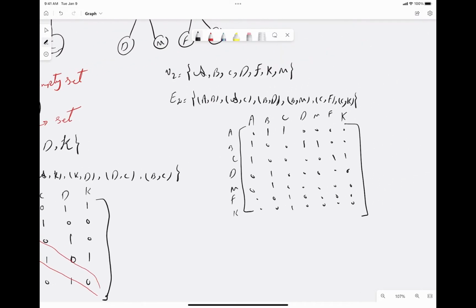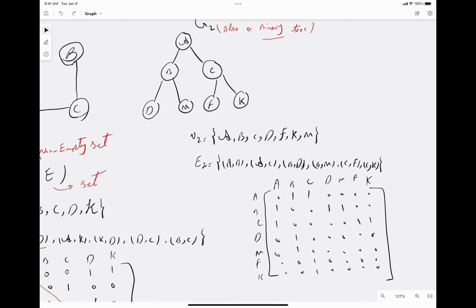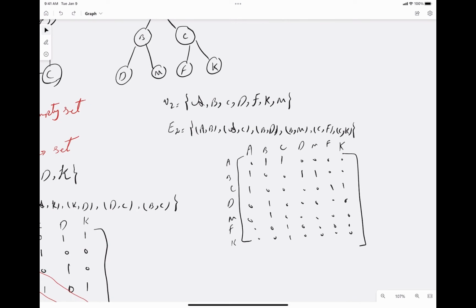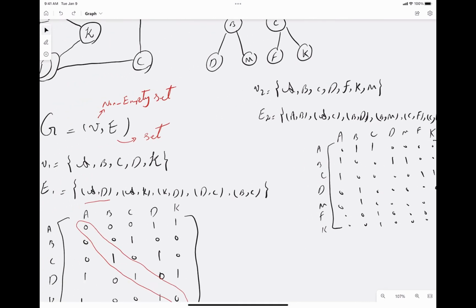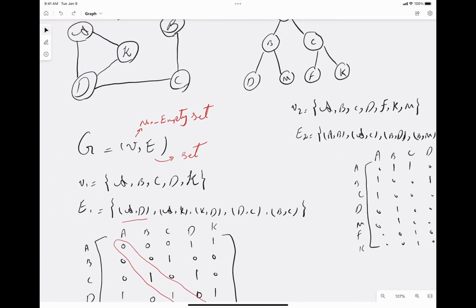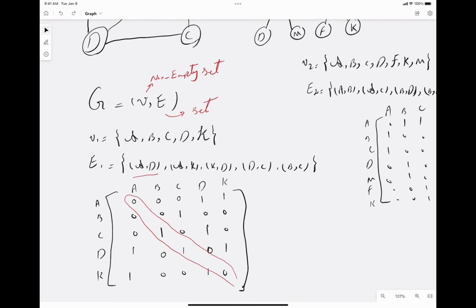Same thing for the graph G2. As you see, it's also undirected, so there is no direction for the edges. So it's also symmetric around the main diagonal. That's a very good and important feature when we'd like to draw it, so that's going to be even easier to write down.